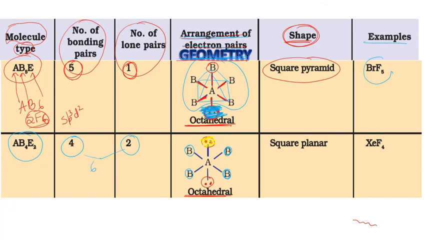If I hide this lone pair and this lone pair, the remaining part is nothing but the bond pairs, and that becomes square planar. Is it clear, students? And the example for square planar molecules of the AB4E2 type is XeF4.